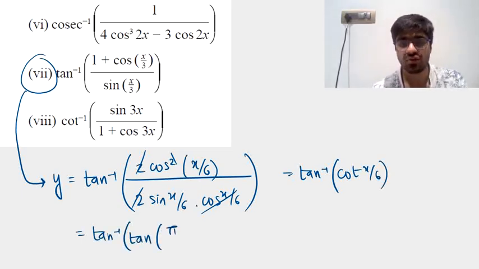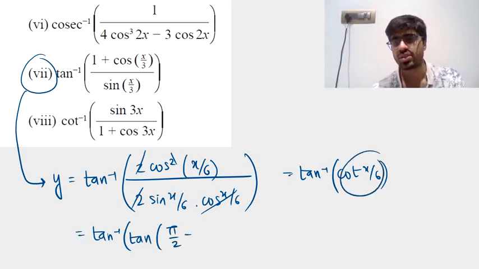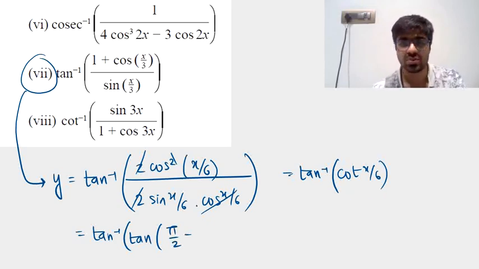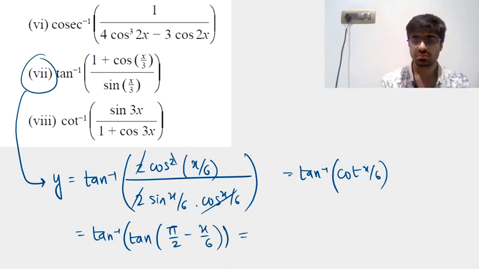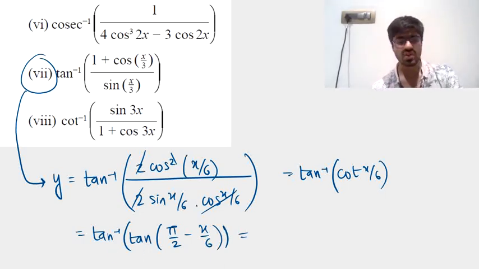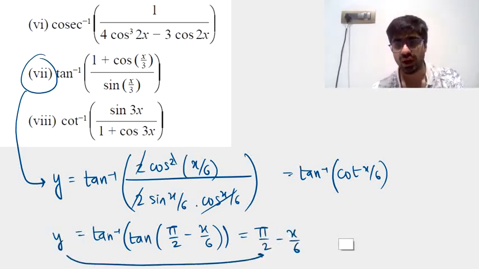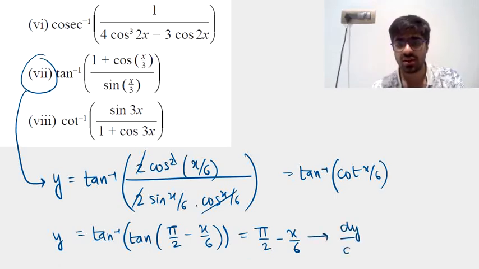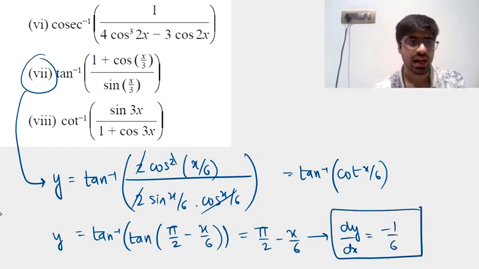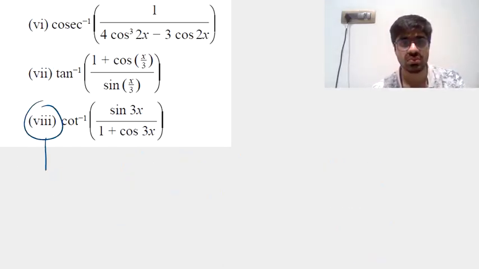Cot theta is tan of 90 minus theta. So cot x by 6 will be tan of 90, that is pi by 2 minus x by 6. Tan inverse of tan gets cancelled, so we have pi by 2 minus x upon 6, that is the final evaluation for y. So dy by dx, that will be 0 minus 1 upon 6, so dy by dx is minus 1 upon 6. And yeah, that's your 7th question's simplification.